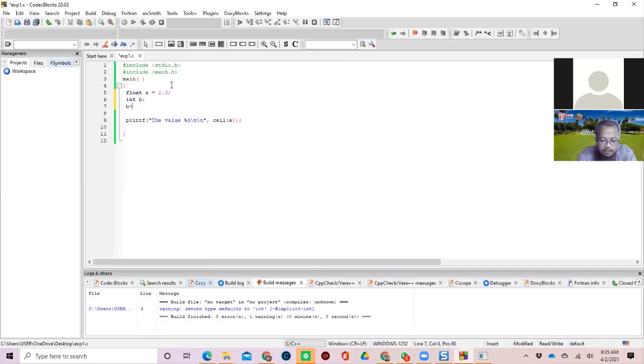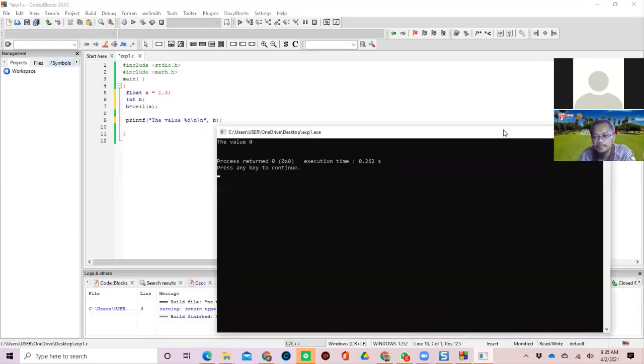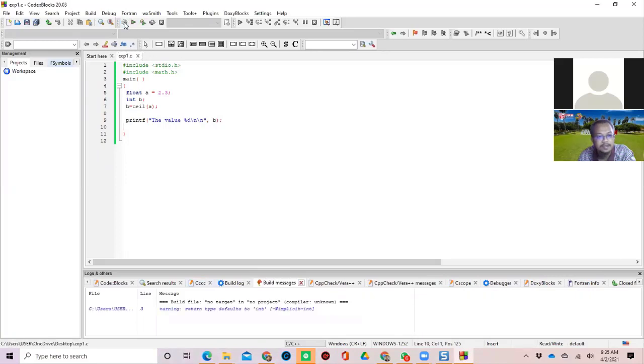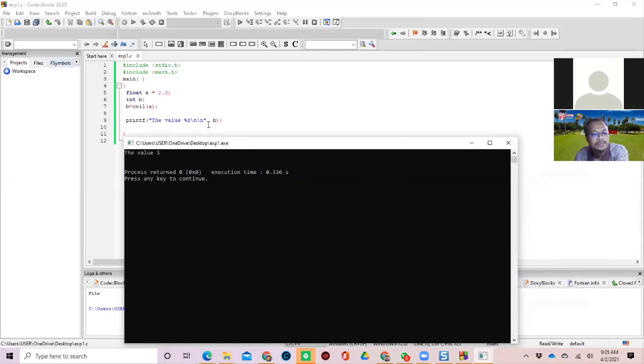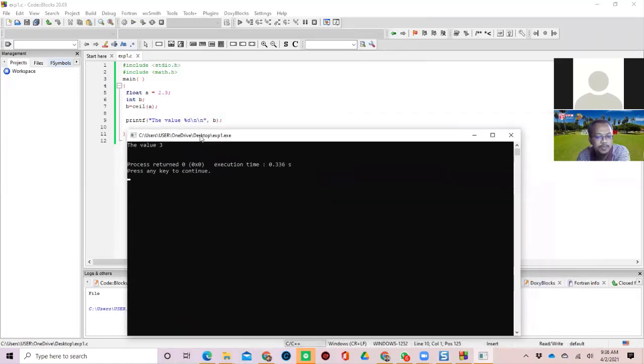B equals CEIL A. So here we make B. I'm not sure if something is wrong. We need to declare one variable of integer type, and then do CEIL A here. We already discussed this earlier. This is to prove that CEIL of 2.3 is 3.